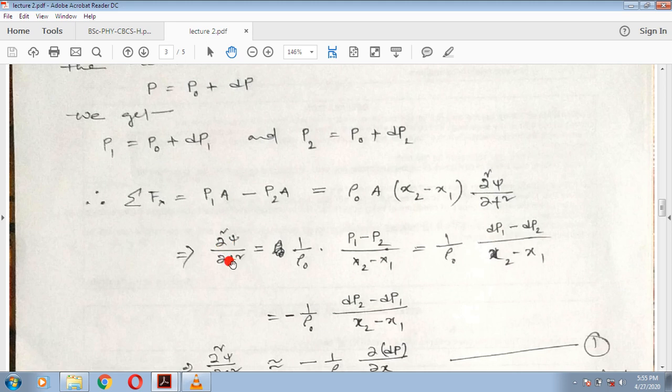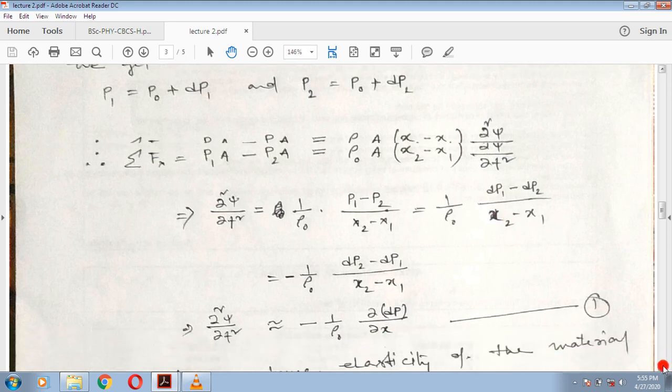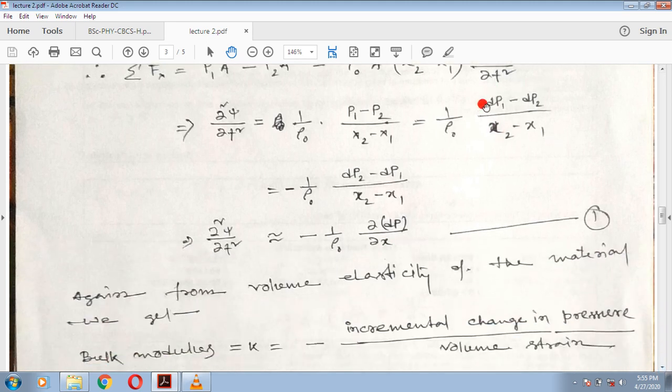So del 2 psi del t square equal to 1 by rho naught dP1 minus dP2 by x2 minus x1. So if we arrange this term in this way by taking negative sign common, then 1 by rho naught dP2 minus dP1. Here we had dP1 minus dP2, but here dP2 minus dP1.